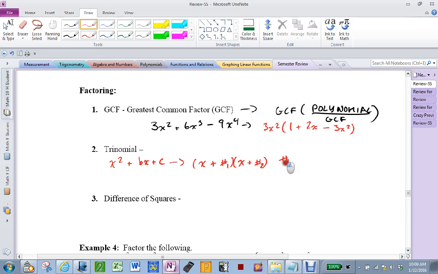And number 1 and number 2 are factors of c that add to b. Okay? We'll do examples in a minute. Difference of squares is a perfect square of any kind minus a perfect square.